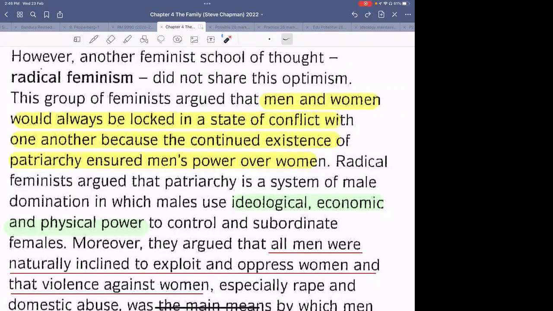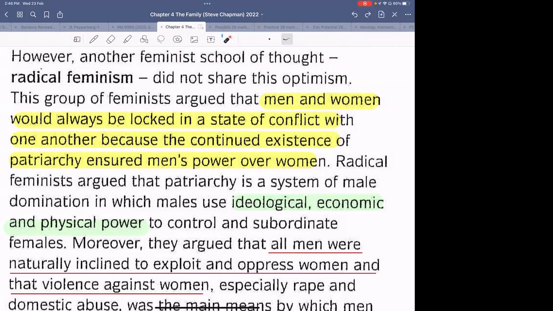So yeah, according to radical feminists, women are dominated by men ideologically, economically, physically, politically, culturally. And historically, all of this has been happening all along. Do we get this? Yeah.